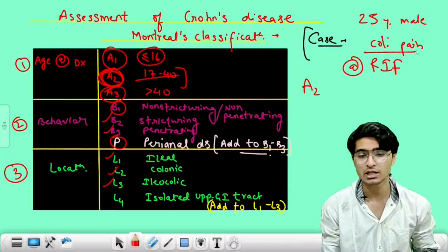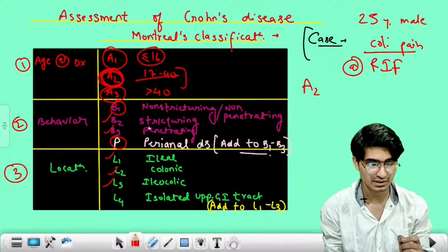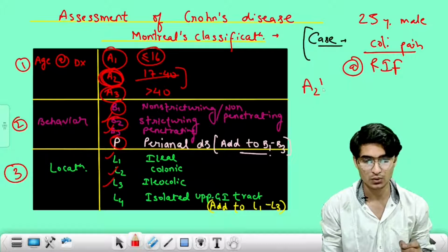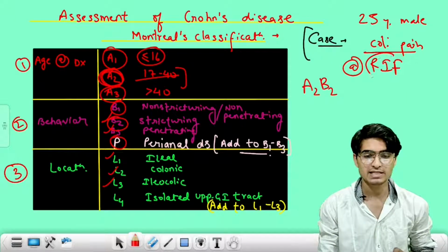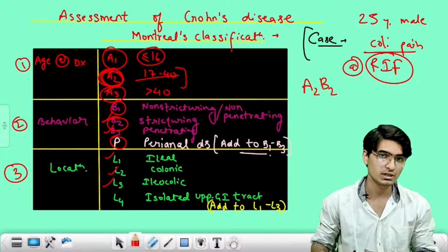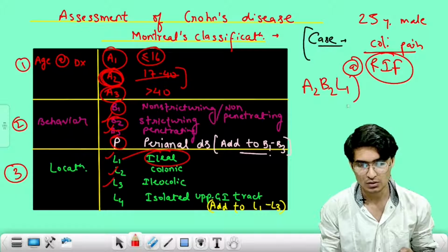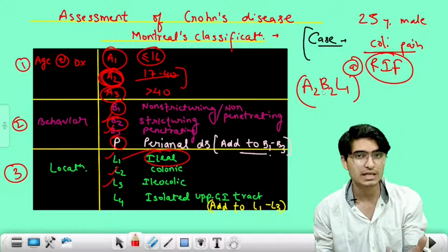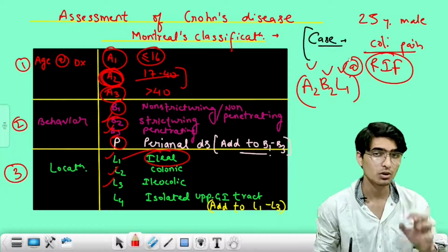Then the patient has colicky pain, which is because of strictures, so B2. Subsequently the pain is at the right iliac fossa, where the ileum is present, so ileal involvement is there, so L1. So Montreal's classification for this diagnosed case of CD is A2, B2, L1.